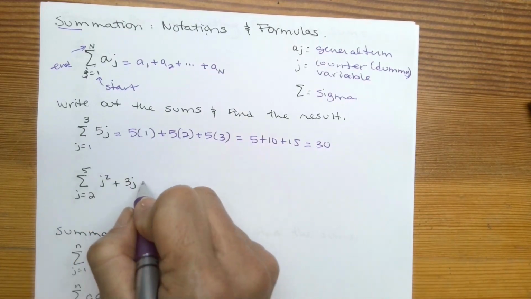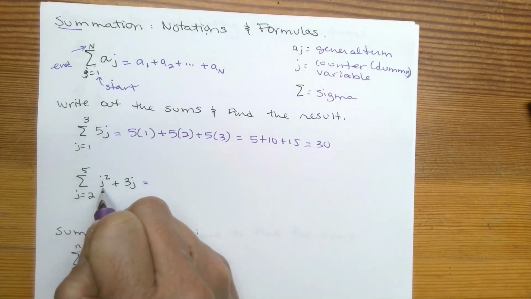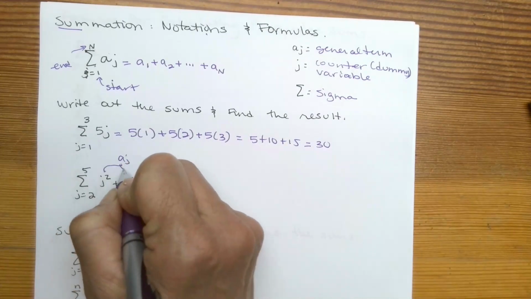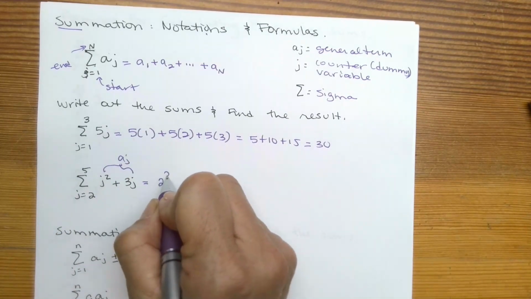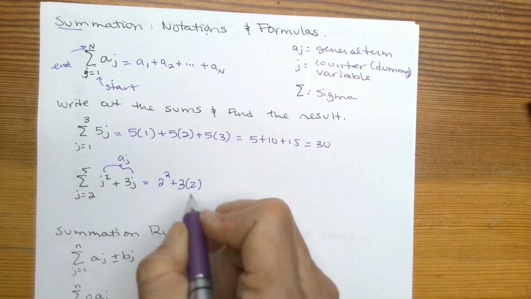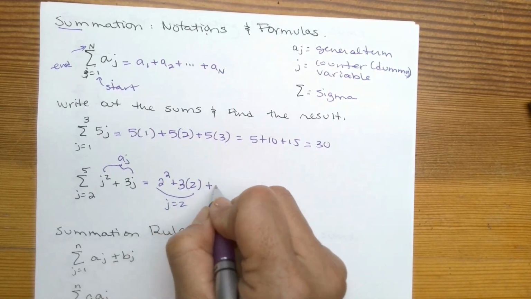Okay, here's the next one. Now we're starting at 2 and going to 5. And the terms are, right here's your a sub j. All of that is your a sub j. So we'll get 2 squared plus 3 times 2 for j equals 2. And then we do it for j equals 3.